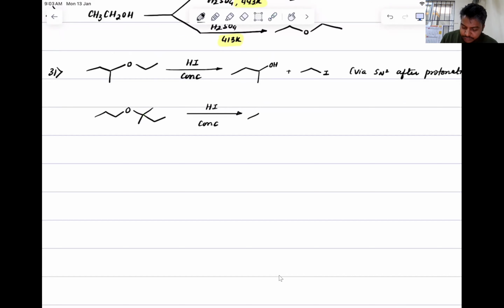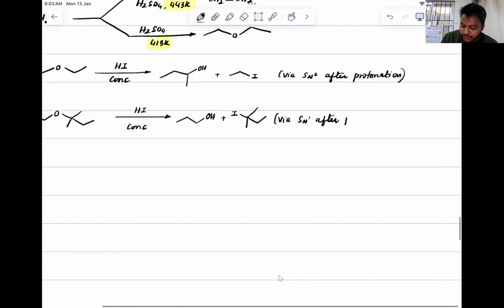So first the carbocation will form here, removing this into an alcohol form, and then this part will convert into an iodide. And this time this is via SN1 after protonation.